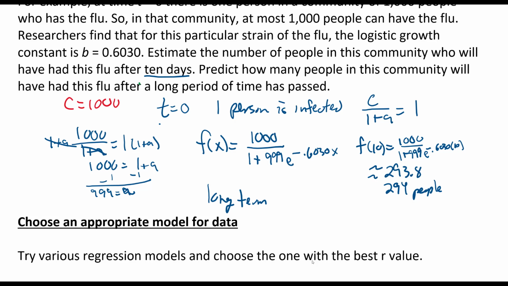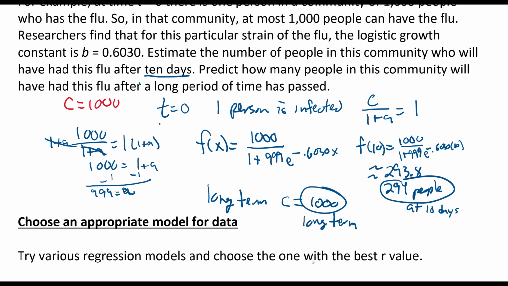So long term, it's going to be the carrying capacity, c, which is 1,000 people are going to have it. Okay, that's it. If you were to graph it, I believe it's around 21 days, everyone's got it.